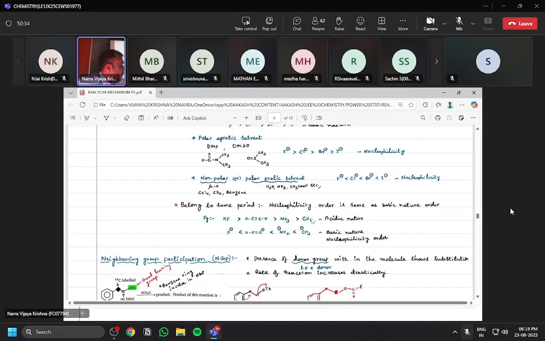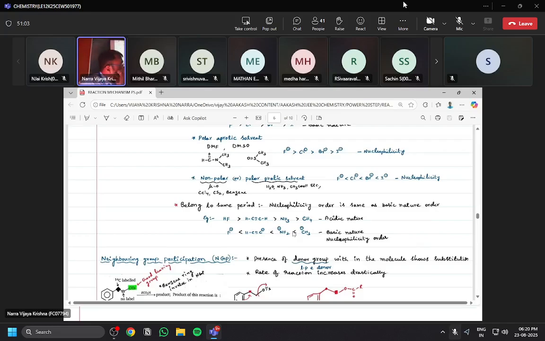So in a period from carbon to nitrogen, nitrogen to fluorine, from left to right, what happens to acidic nature? HF is a strong acid, therefore its conjugate base is weak. What I am saying is that nucleophilicity order is the same as basic nature order. So F minus is a weak base, meaning its nucleophilicity order is also the least.